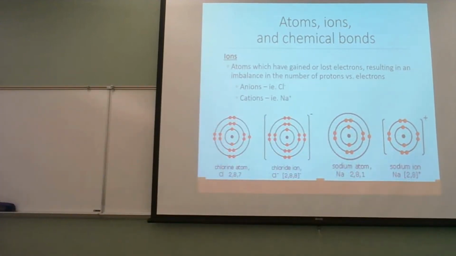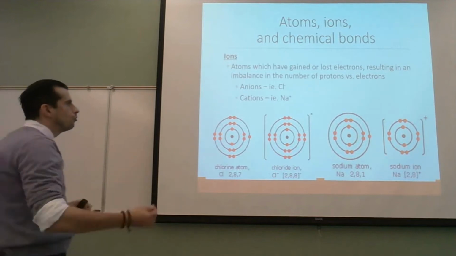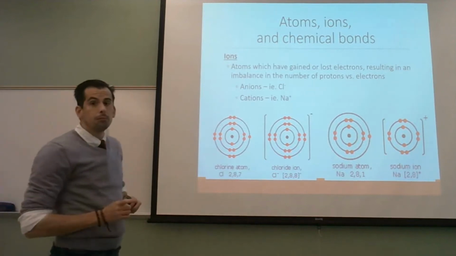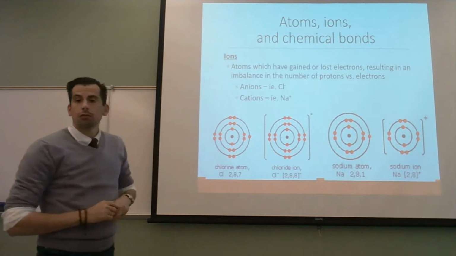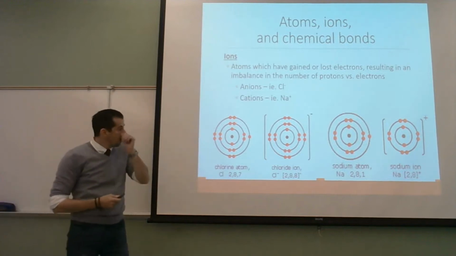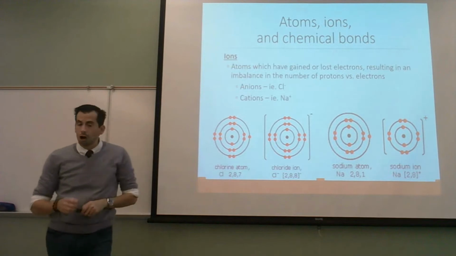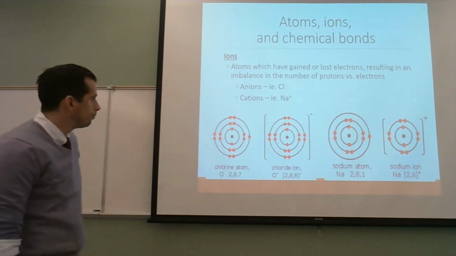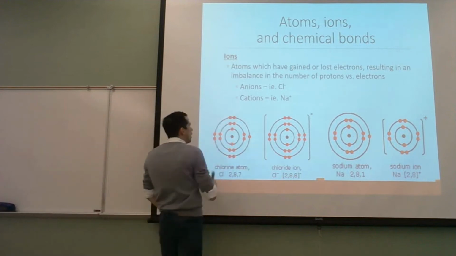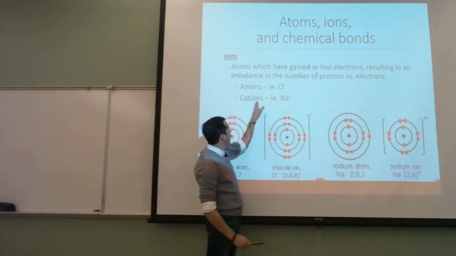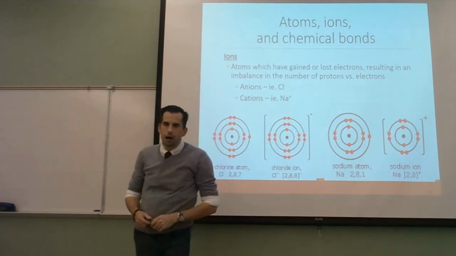Anything carrying a charge is always going to be water soluble. That's important. And an imbalance in those protons to electrons is always going to be considered an ion. You'll hear a couple of terms like anions and cations. Anions refer to negative ions, cations refer to positive ions.